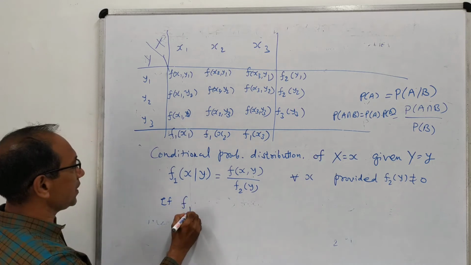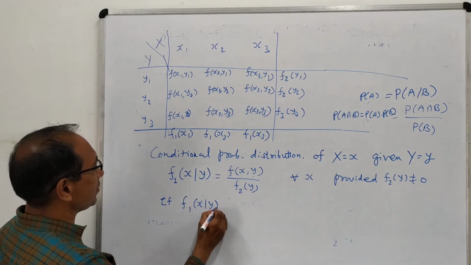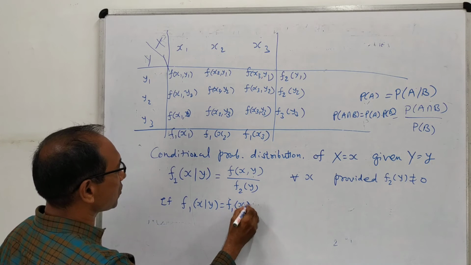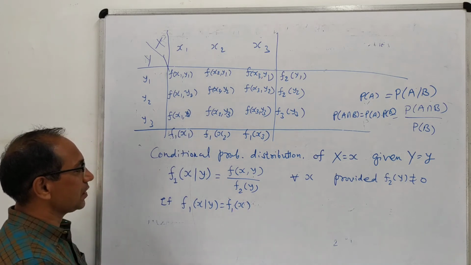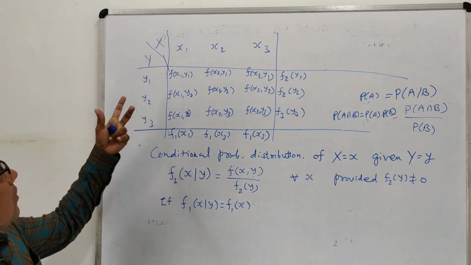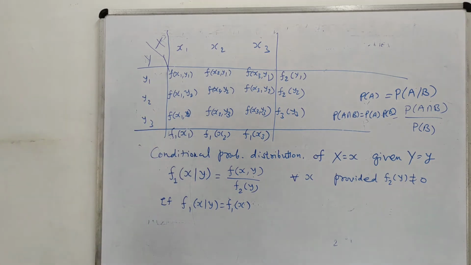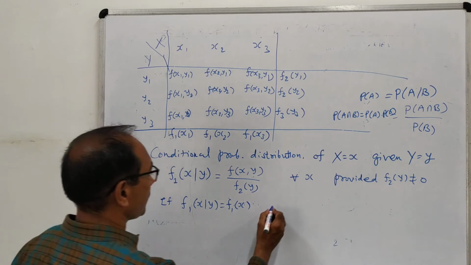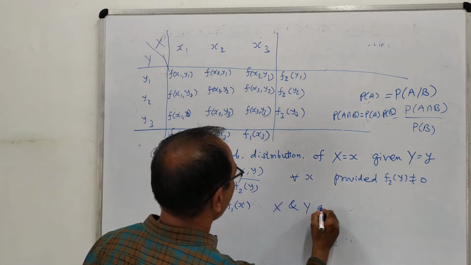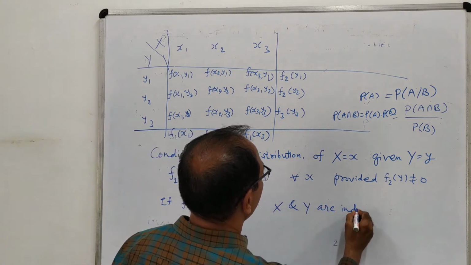Likewise here, if the conditional probability f1 x given y itself equals f1 x, then we say that the two random variables X and Y are independent.